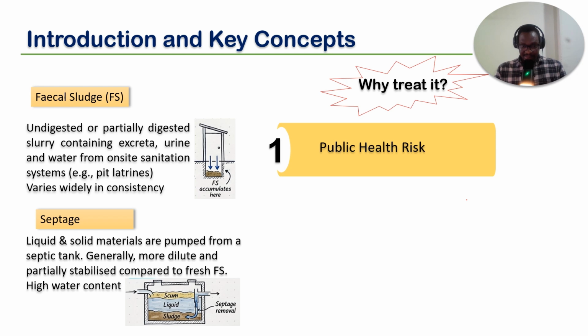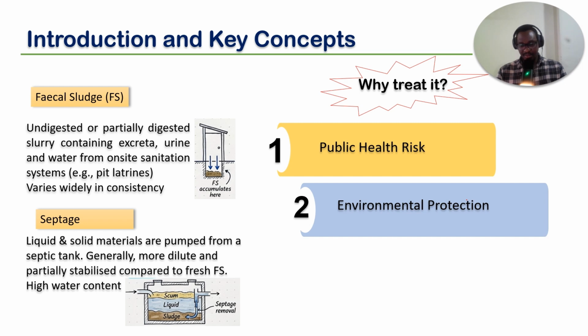Fecal waste has a high concentration of bacteria, viruses, helminth eggs, protozoa, all these clustered as pathogens. And these, once exposed to the environment, can lead to diseases like cholera, dysentery, diarrhea.